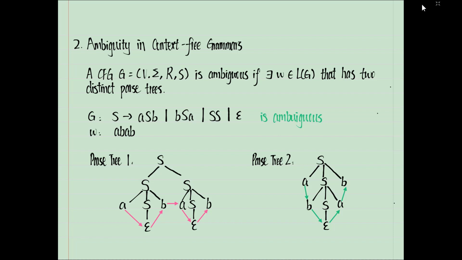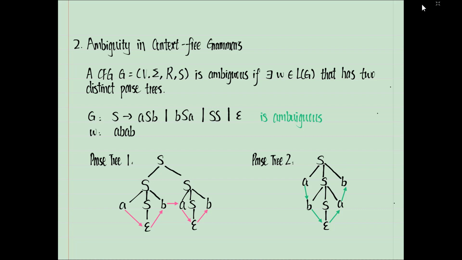By definition, a context-free grammar G is ambiguous if there exists a string generated by this grammar that has two distinct parse trees. L(G) is the language generated by this grammar G. Let's use the same grammar G and w equals abab to prove that this grammar is ambiguous.